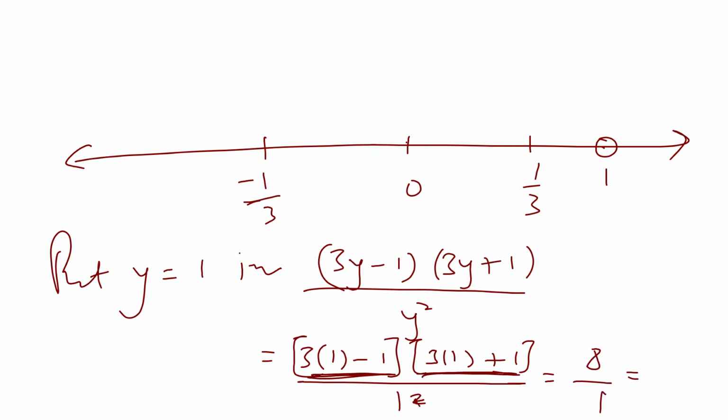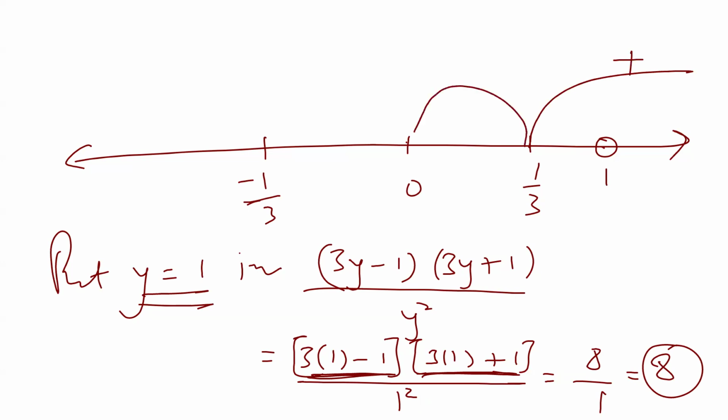The denominator is 1 square. So we got a positive answer for y equal to 1. So 1 is the representative of the 4th region. So this is positive, this is negative, this is positive, and this is negative.